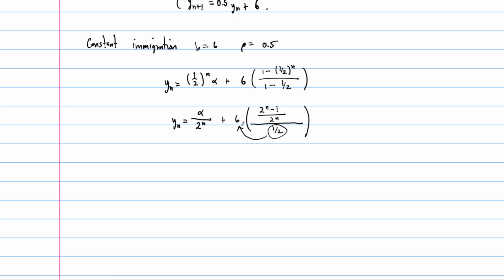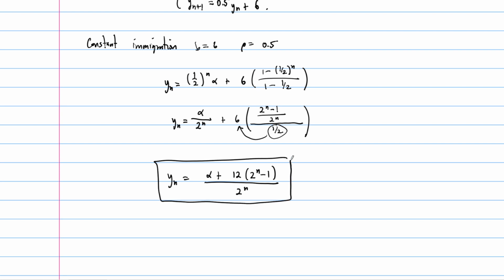So divide by a half means multiply by 2. So this is going to become 12. And then we can combine this all to be over the same denominator, right? So our solution is going to be y sub n equals alpha plus 12 times 2 to the n minus 1 all over 2 to the nth power.